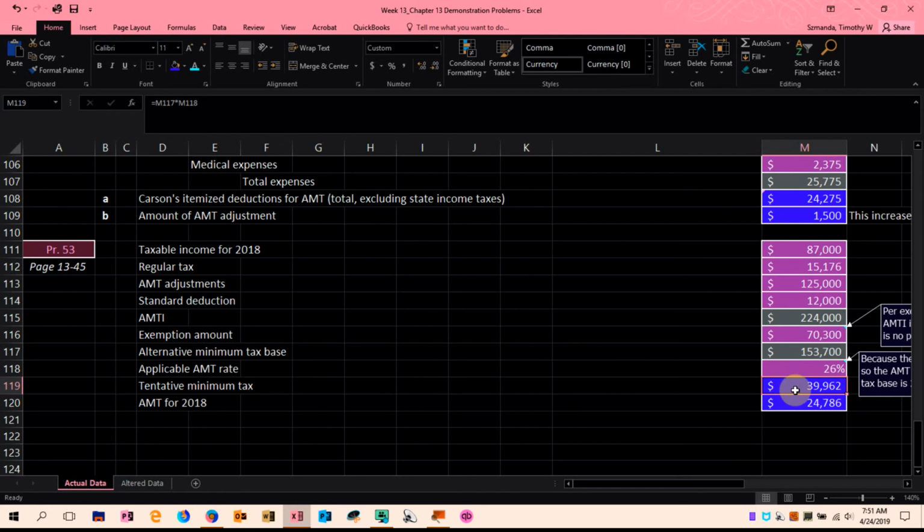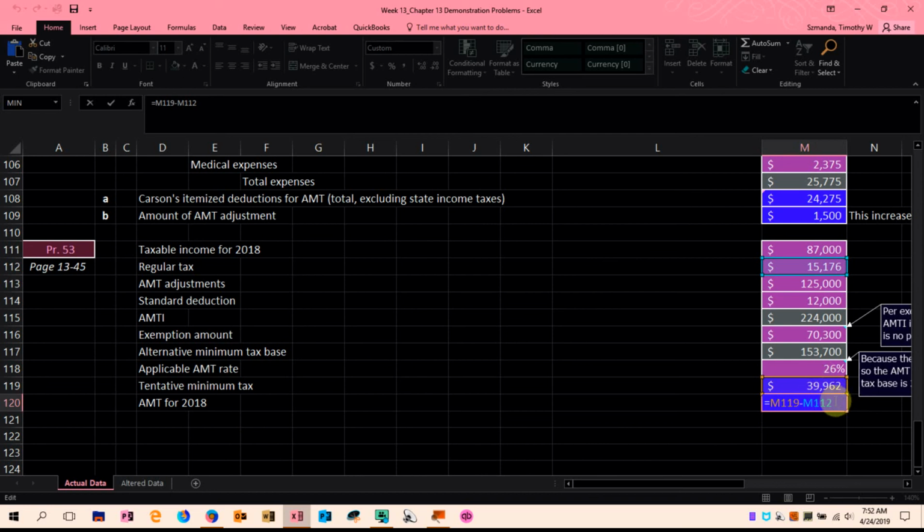So what does that say? That is your tentative minimum tax. Well, now we're going to look at the amount that we already determined for regular tax purposes, which we said was $15,176, and the tentative minimum tax is up at $39,962 using the AMT rules.